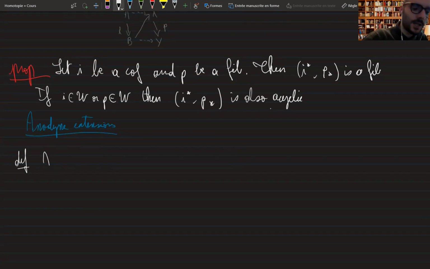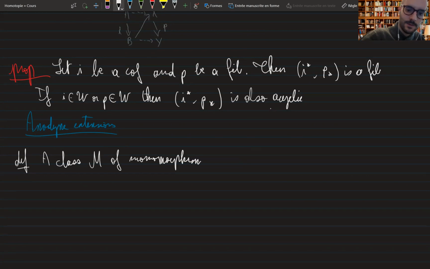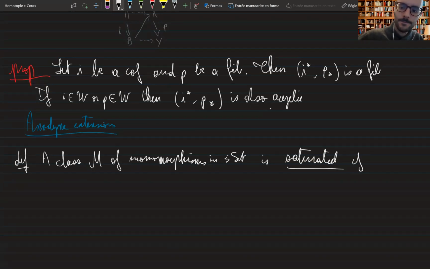All right, so a class M of monomorphisms in sSet is saturated if it satisfies a bunch of conditions.